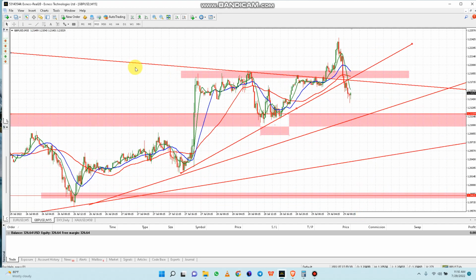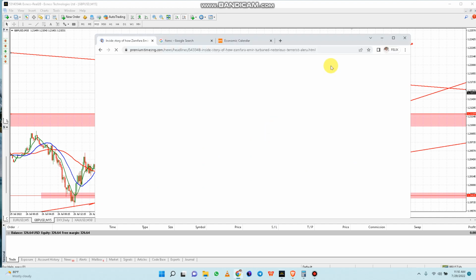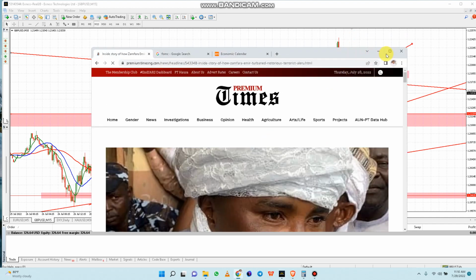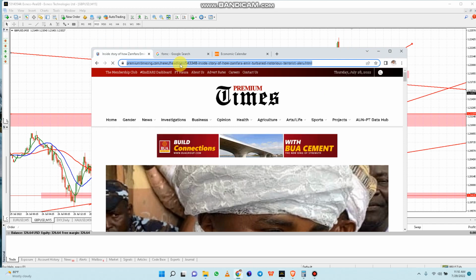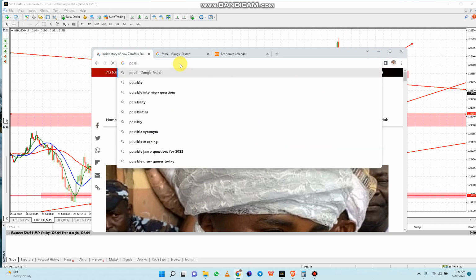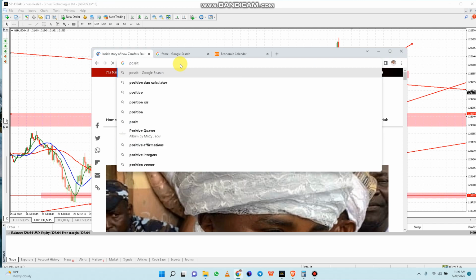All right. So now let's do a simple math. If we were to risk, let's say 5% of the account, which is what I recommend for a small account. Let me open our position size calculator.